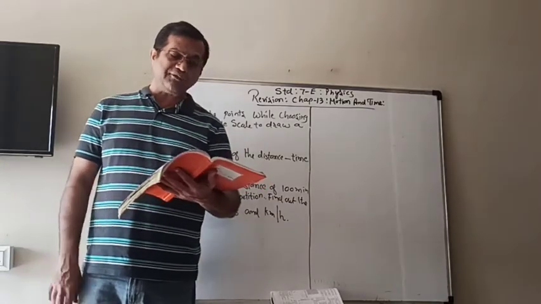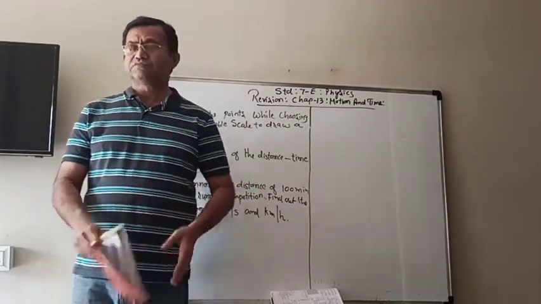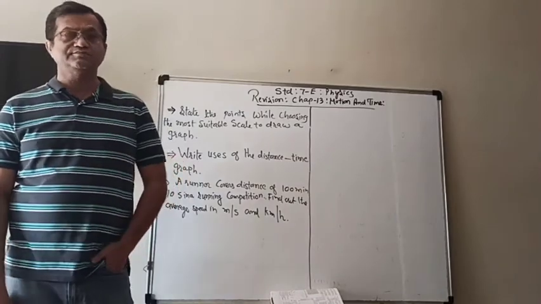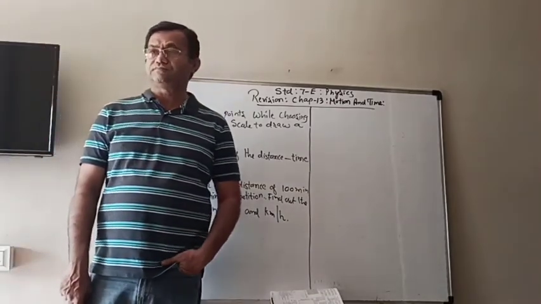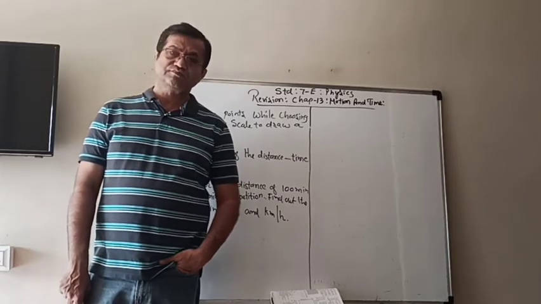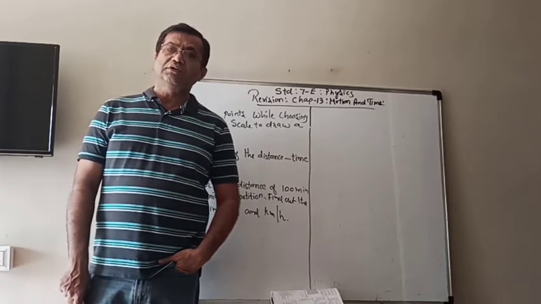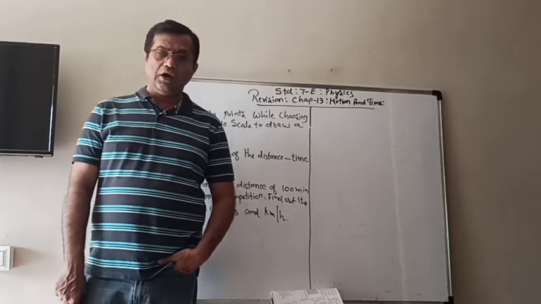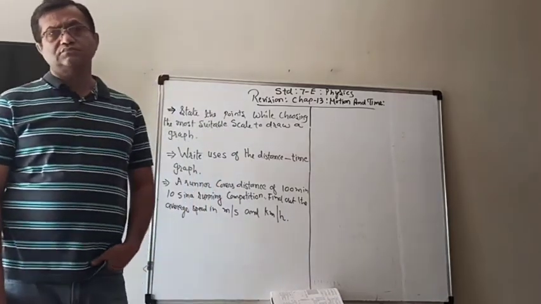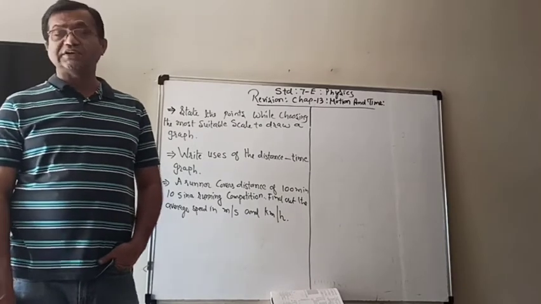When we draw a graph, especially in physics, we need a graph page on which we draw two perpendicular lines, a horizontal line and a vertical line.